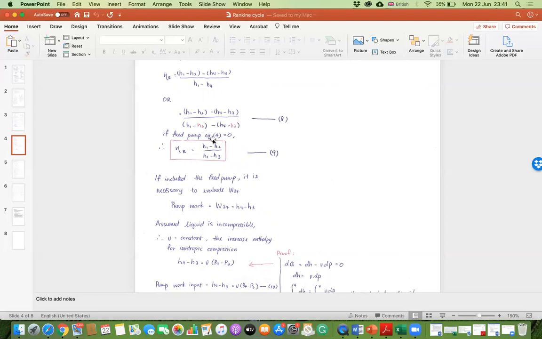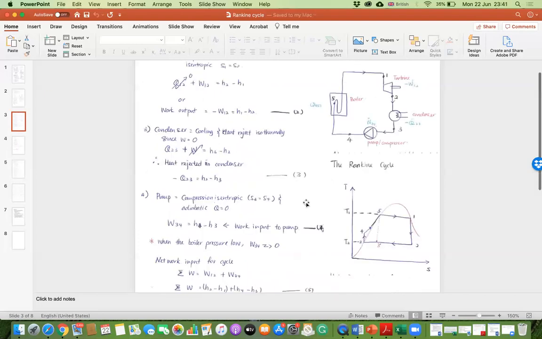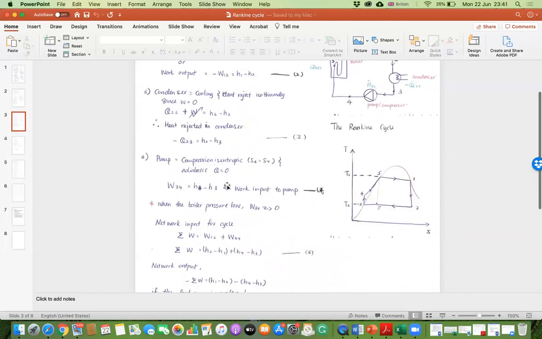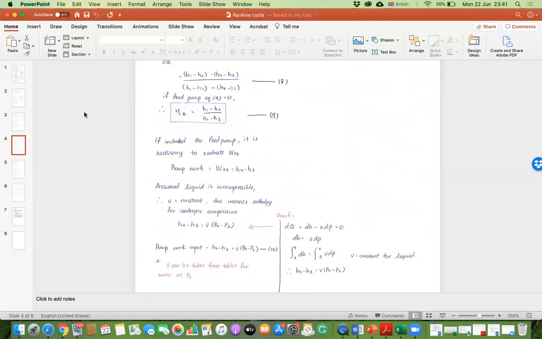Using this part, if our feed pump work in equation 4 equals 0, this is the work input to the pump, called the feed pump. If that is 0, we have H1 minus H2 over H1 minus H3.